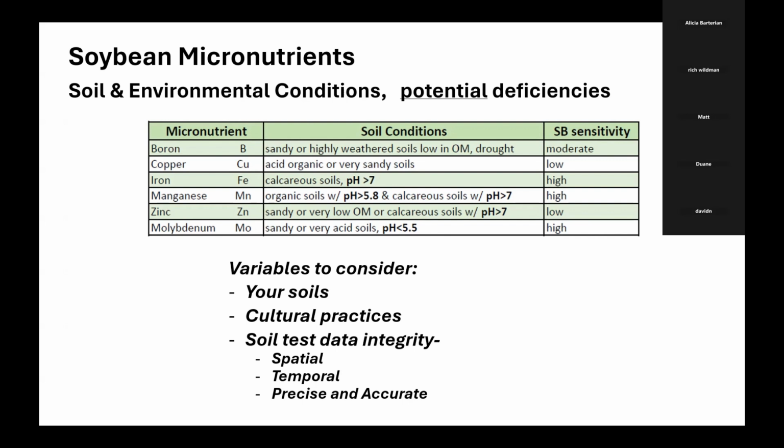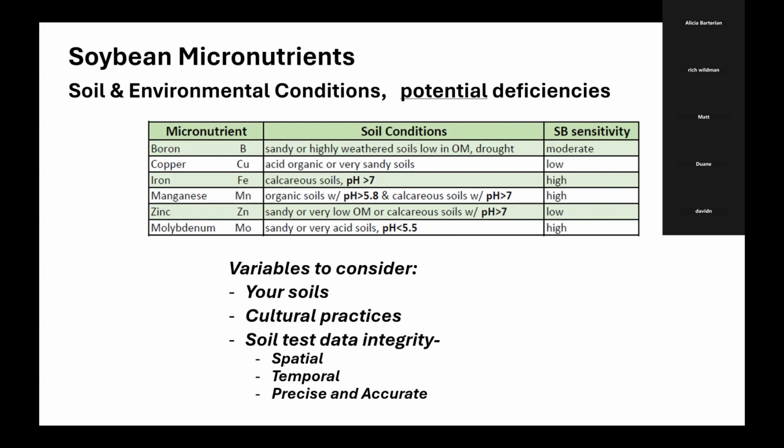Manganese, you'd probably see more of that on muck type soil, very high organic matter, or where we have really high pH. So we know that the crop is very susceptible and has high sensitivity to that.